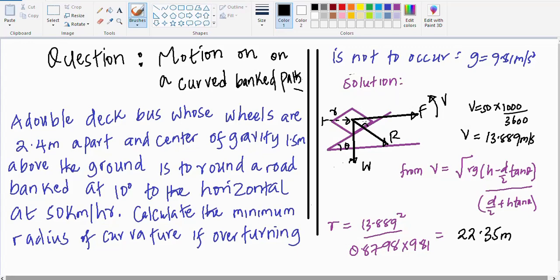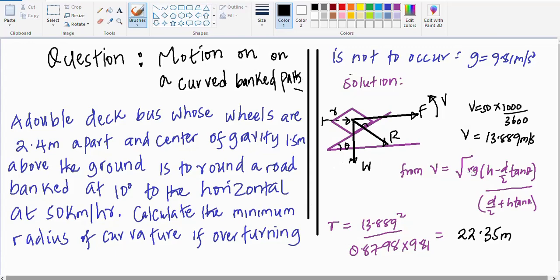If it occurs, the vehicle will be lifted up on this side and fall within the corner. So if overturning is not to occur, the speed of the vehicle should equal this. Should it go beyond that, we will have issues.